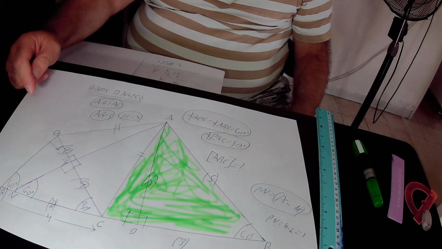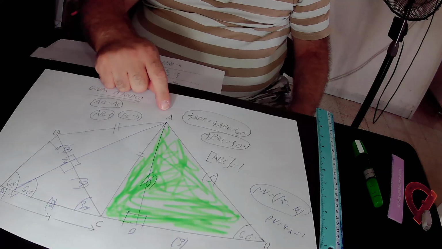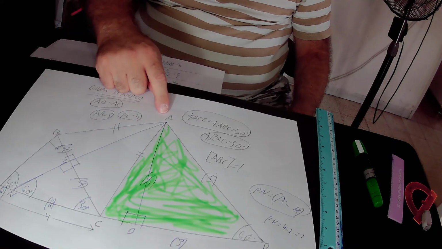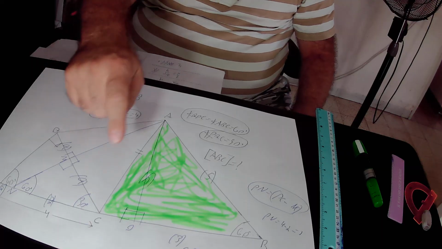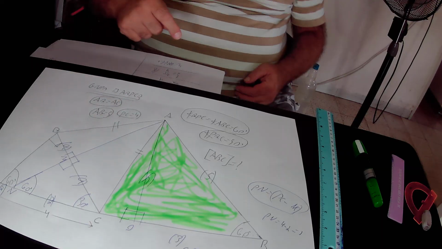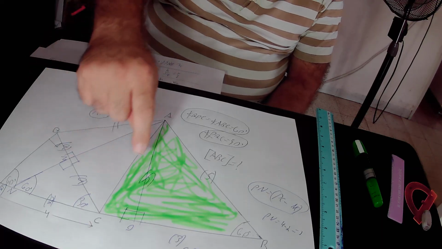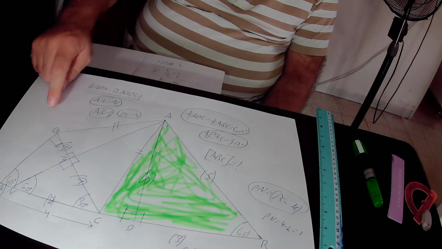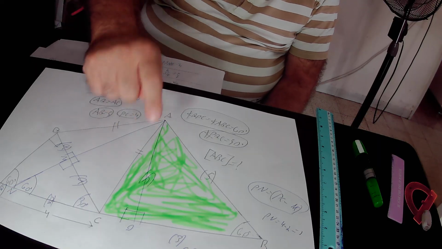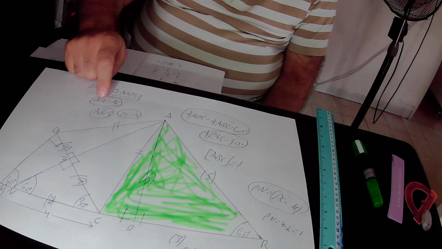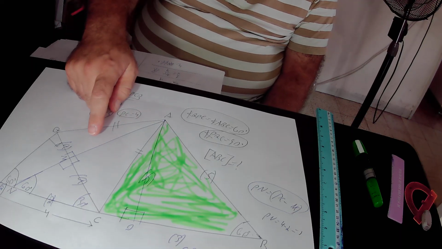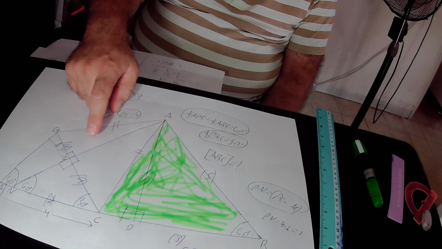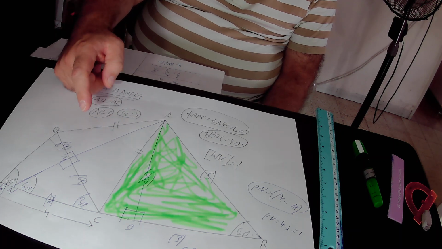So first of all, from point A, we draw a perpendicular onto QC. Triangle AQC is an isosceles triangle because AQ equals AC, and QC is the base of the isosceles triangle AQC.